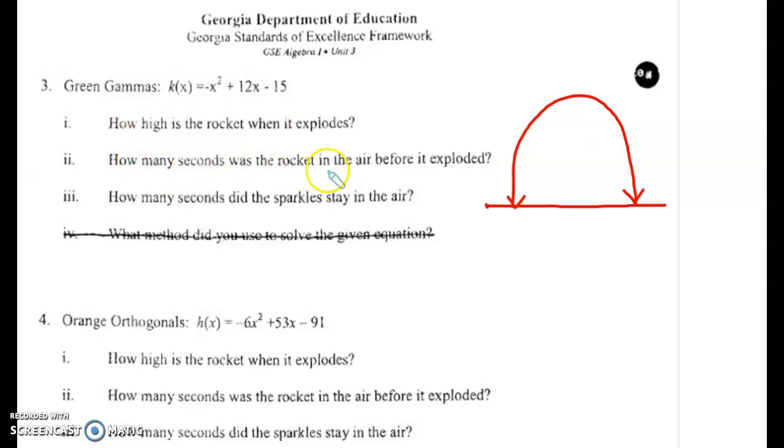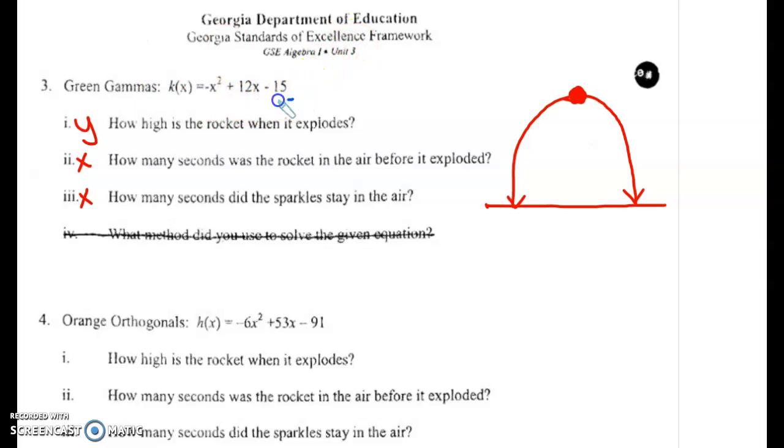How many seconds was the rocket in the air? How many seconds did the sparkles stay in the air? So this one is the y value of my vertex, and these bottom two are the x value of my vertex. So I just need to find that vertex point right here, and once I know what it is, I can answer these questions.